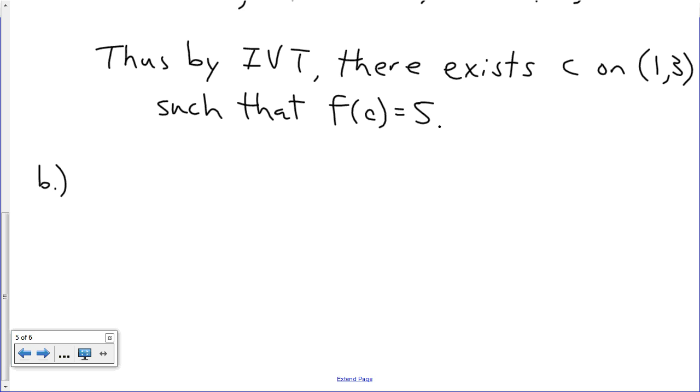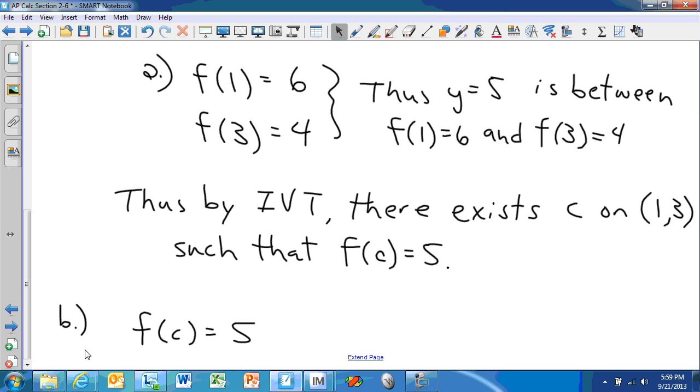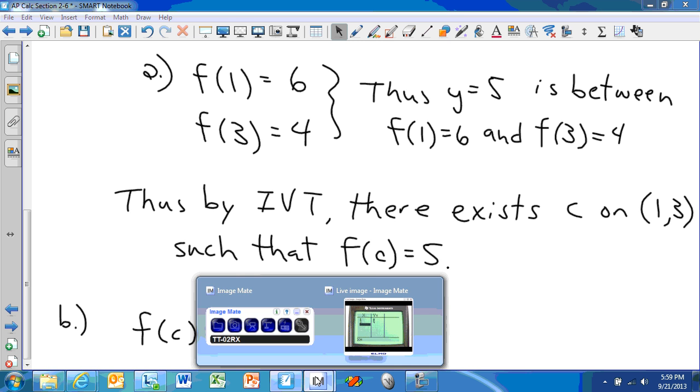That'd be a lot more difficult here. But basically what they're saying here is to solve the equation f of c equals 5. f of c is the function that we have above with c substituted in, and solve that for where it's equal to 5. Probably the easiest way to do that numerically is to do this graphically.